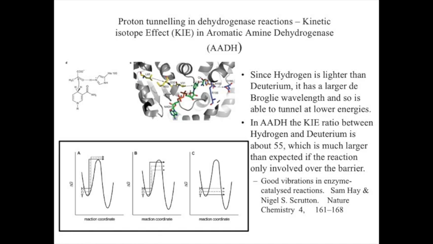If hydrogen with a mass of 1 is replaced with deuterium with a mass of 2, it should slow down quantum tunneling, because tunneling is very sensitive to mass. So what you can do is do these enzyme reactions in both water and in heavy water, in deuterated water.